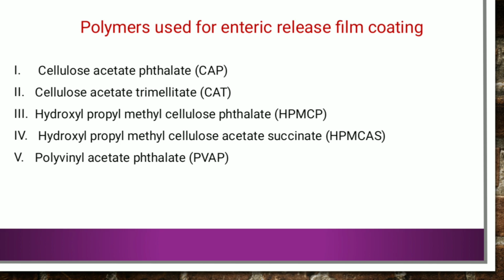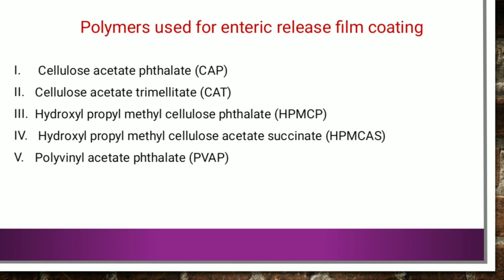Then the next one is hydroxypropyl methyl cellulose acetate succinate, so HPMCAS. It is also known as hypromellose acetate succinate. It is a white to off-white powder or granule derived from HPMC by the esterification of free hydroxyl groups of the polymer backbone with acetic anhydride and succinic anhydride.